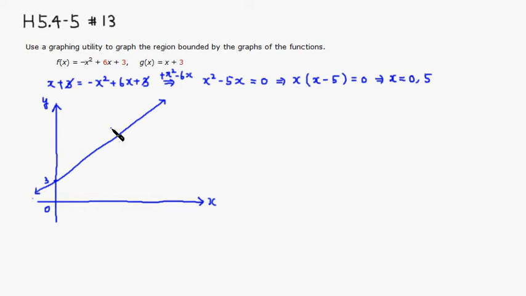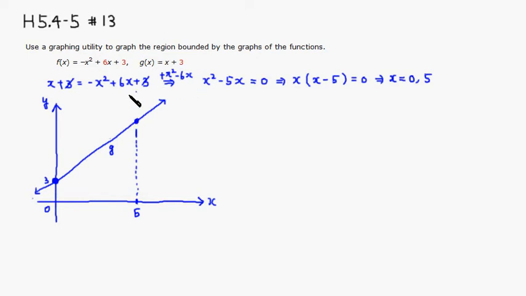So that's g. Maybe I'll put the label here on the bottom. Then we know that the points of intersection occur at 0 here, and then at 5, so I'll put 5 somewhere around here.